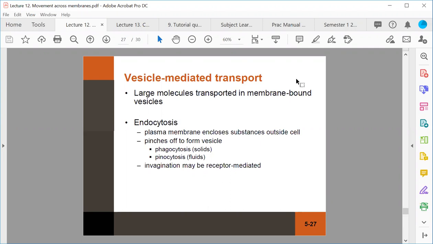They carry cargo to the Golgi apparatus, and the vesicle membrane fuses with the Golgi, depositing its cargo into the Golgi, and then on the other side of the Golgi the same thing happens again. So larger molecules are transported in these membrane-enclosed vesicles.